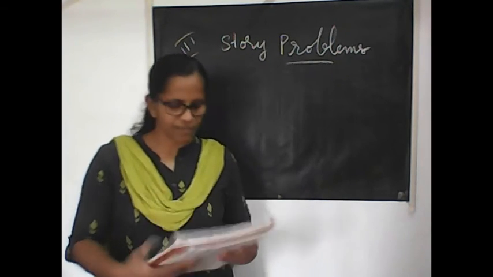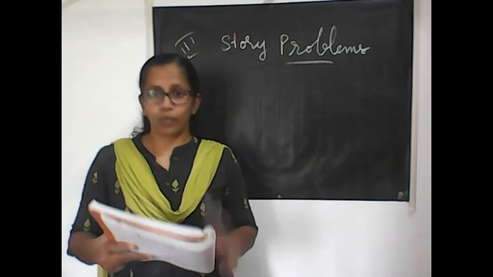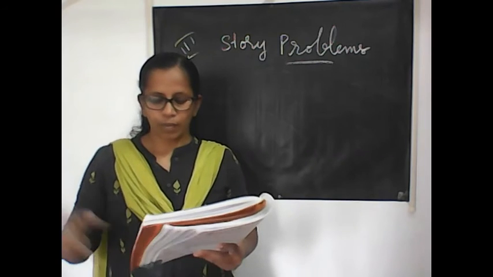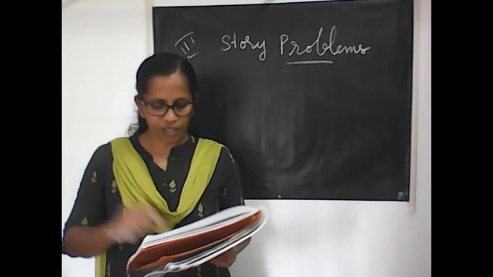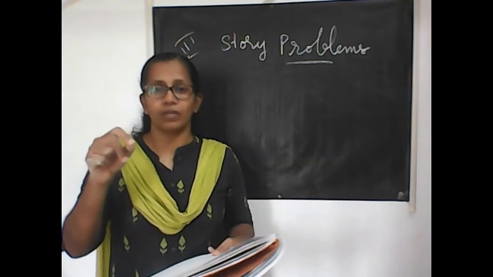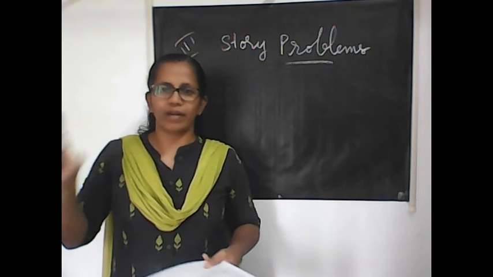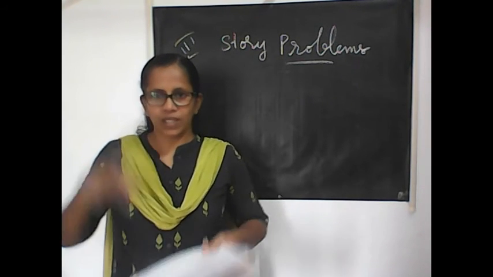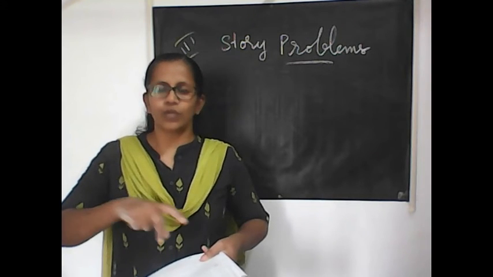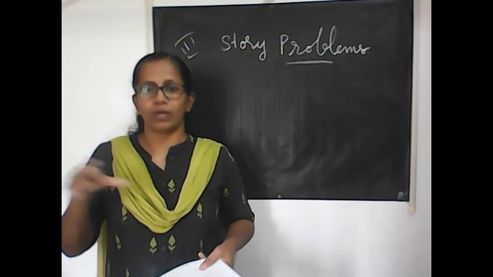Here, see this. A school building had 4 floors with an equal number of children on each floor. If there are 6,900 children, how many children were there on each floor? The total number of students is 6,900, and how many floors are there? 4. So 6,900 children should be divided equally into 4.